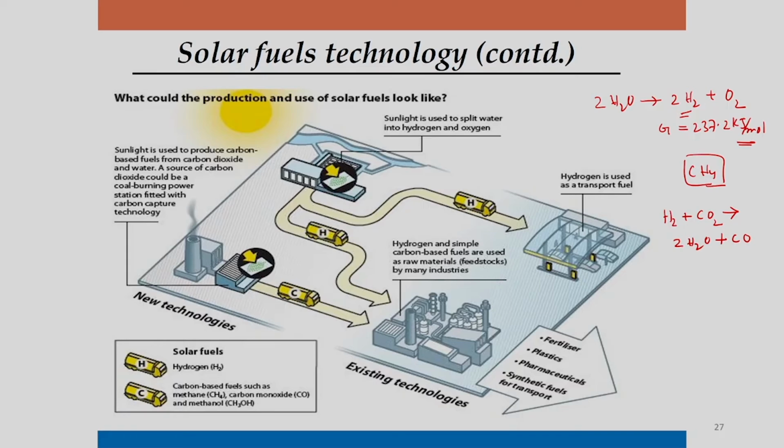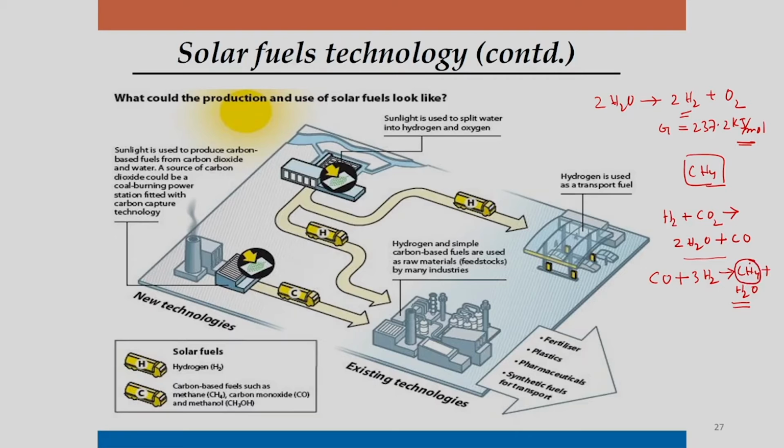This gas mixture is known as synthesis gas, and that can be refined to finally obtain methane. Finally, carbon monoxide reacts with hydrogen to form methane plus H2O. So, this methane can be stored.